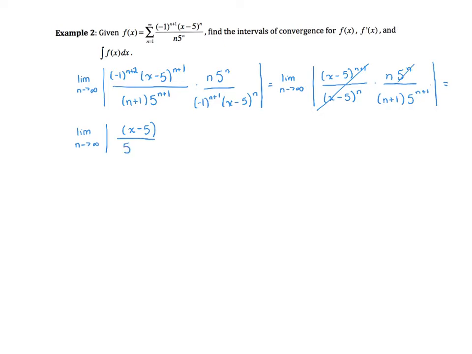I can't do much in terms of canceling, but we will very easily be able to take that limit. As n goes to infinity, this piece will go to 1. So I am just left with the limit as n goes to infinity of x minus 5 over 5, which is not determined by n.